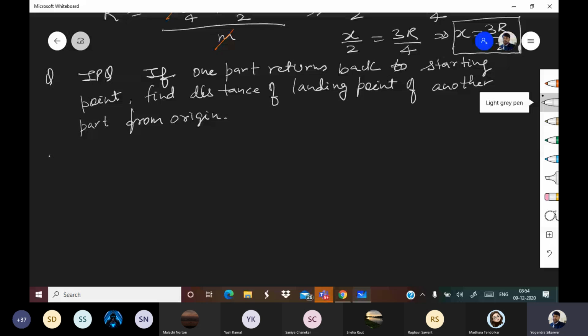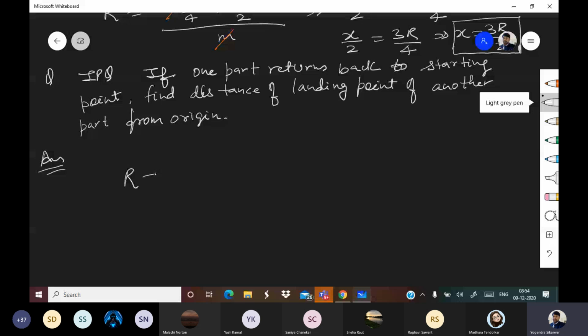So r, or let me write rcm, will be (m1 x1 + m2 x2) upon (m1 + m2).